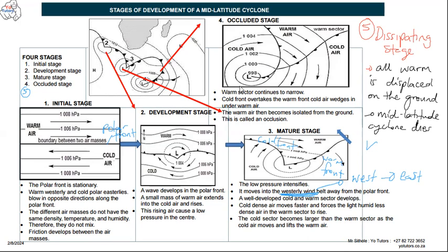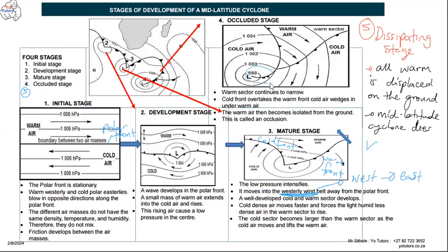What happens in the occluded stage now? In this stage, the warm sector continues to narrow and the cold front overtakes the warm front, and cold air wedges in under warm air. The warm air then becomes isolated from the ground. What is happening here is an occlusion, because how do we see the occlusion?